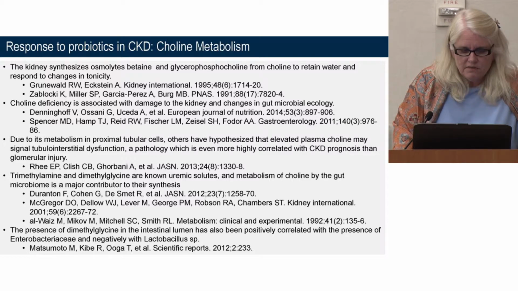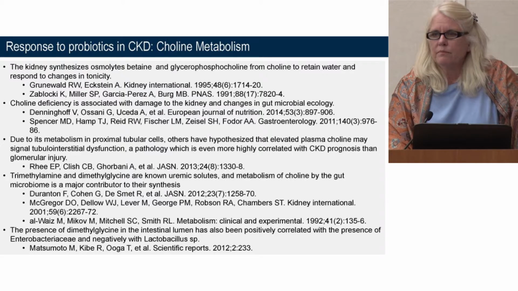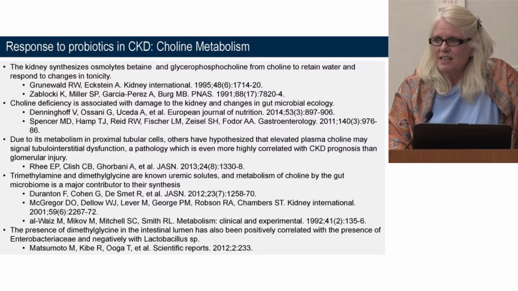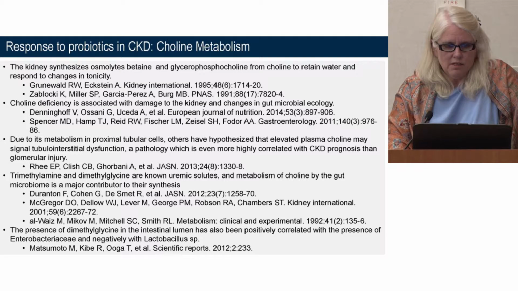And then the presence of dimethylglycine in the lumen has also been positively correlated with the presence of bacteria. And so those are sort of evidence, again, in this study, that we have this importance of choline metabolism in response to probiotic treatment.